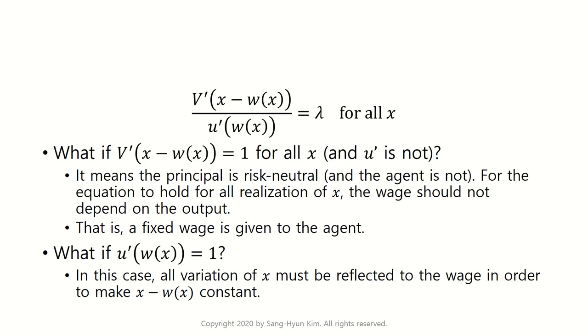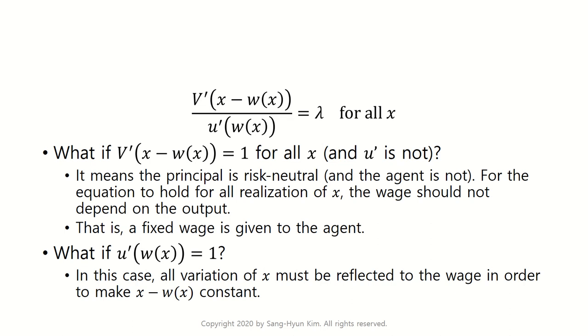What that means is, phi prime doesn't have to be 1, but phi prime is constant. That's the assumption. So what if phi prime is constant for all x's? What that means is the principal is risk neutral. The principal's marginal utility is constant, which means the principal is risk neutral and the agent is not.